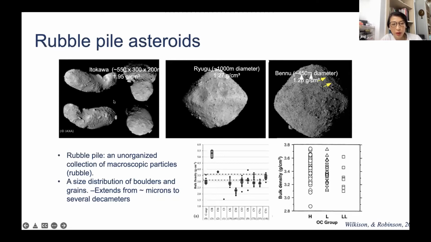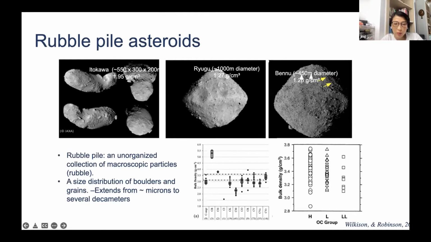We have very reliable data on the density of the 3 asteroids. Itokawa is about 1.95 grams per cubic centimeter, smaller than 2, and the others are less than 1.5.